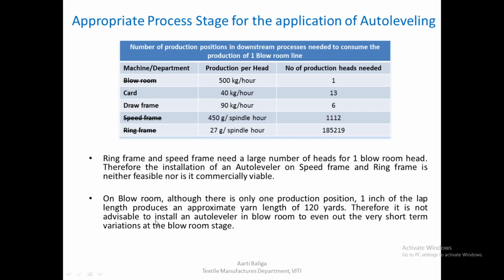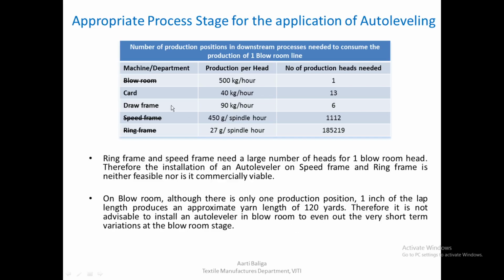So it is not advisable to install an auto leveler in the blow room to even out this very short term variation, and it would really not help in correcting it, because it would be required to correct very small lengths of blow room lap to control the variation in yarn lengths in the range of 120 yards and above.